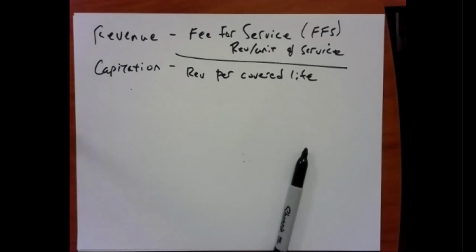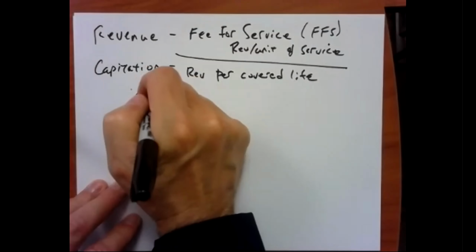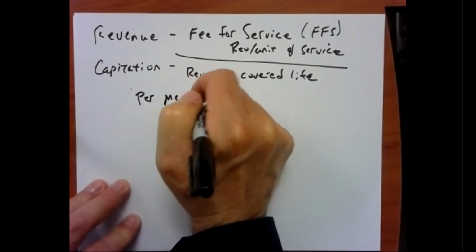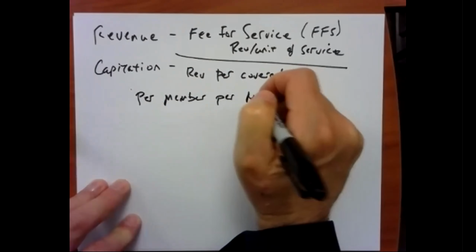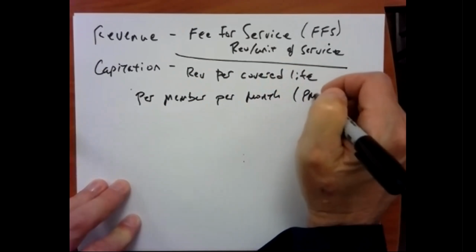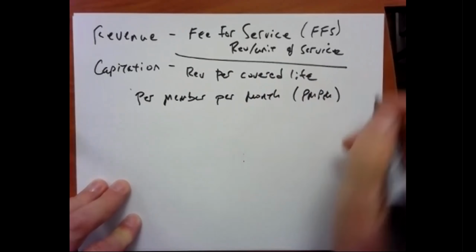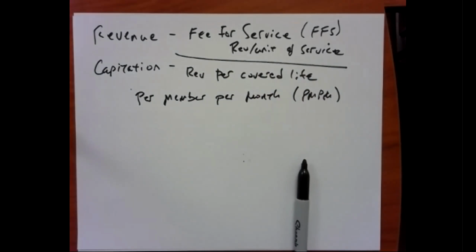That number is called a per member per month, or PMPM. We'll come back to that in a minute. I'm going to do the fee for service first.